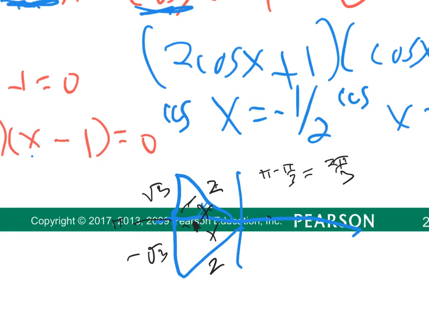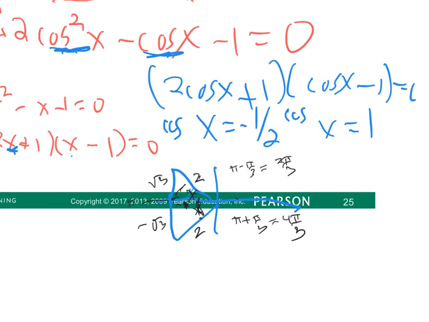That's one of my answers. And this is another 60 added to the 180, or pi plus pi over 3, which is 4 pi over 3. So there are my answers.